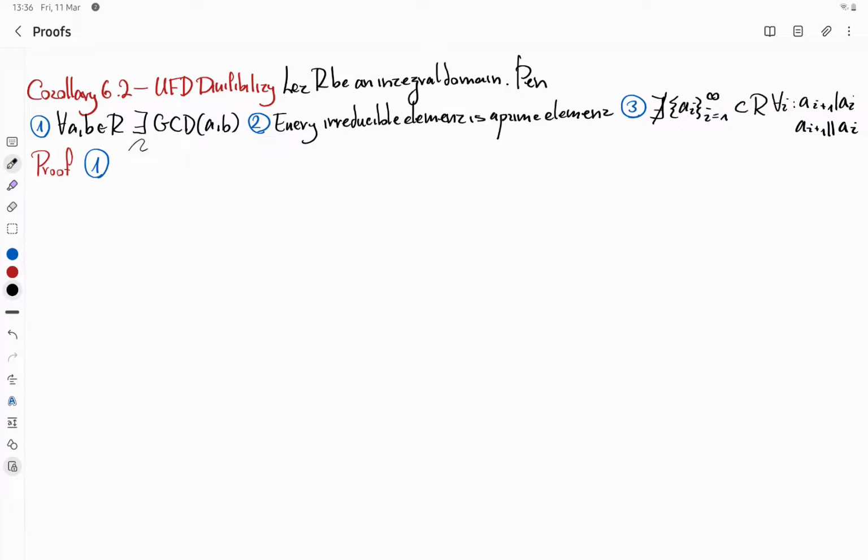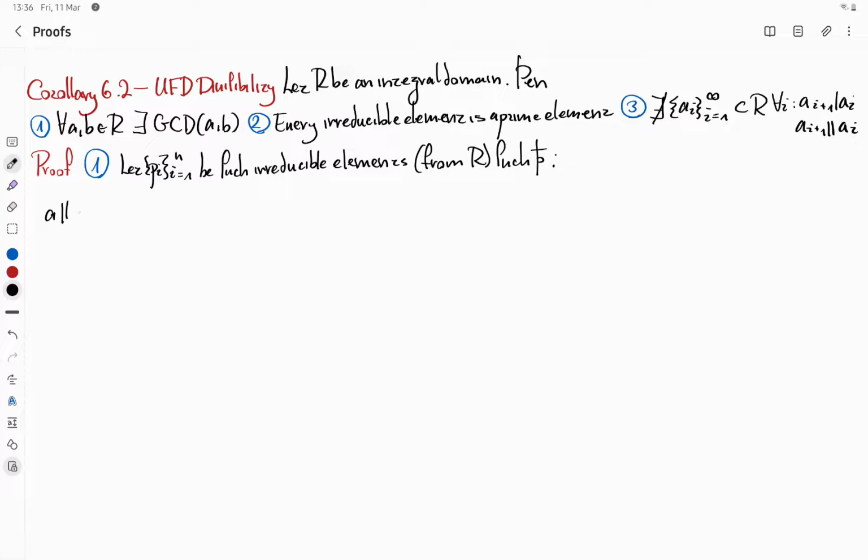Let p_i, a sequence where i ranges from 1 to n, be irreducible elements from the underlying set of the integral domain, such that a is associated with p1^k1 times ... times pn^kn, and b is associated with p1^l1 times ... all the way to pn^ln.